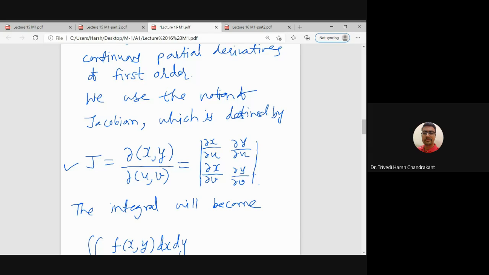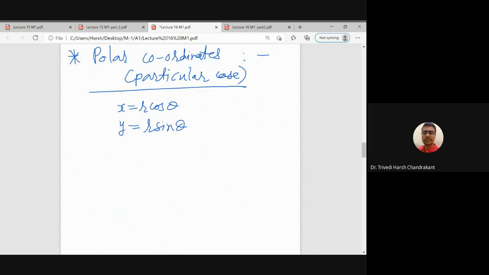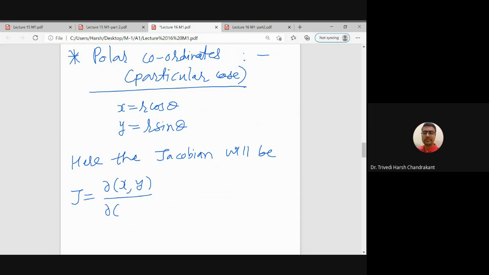So the Jacobian is the partial derivative of (x, y) with respect to the polar coordinates r and theta. The Jacobian is the partial derivative of (x, y) with respect to our variables r and theta in this case. So that is basically del x by del r, del x by del theta, del y by del r, del y by del theta.